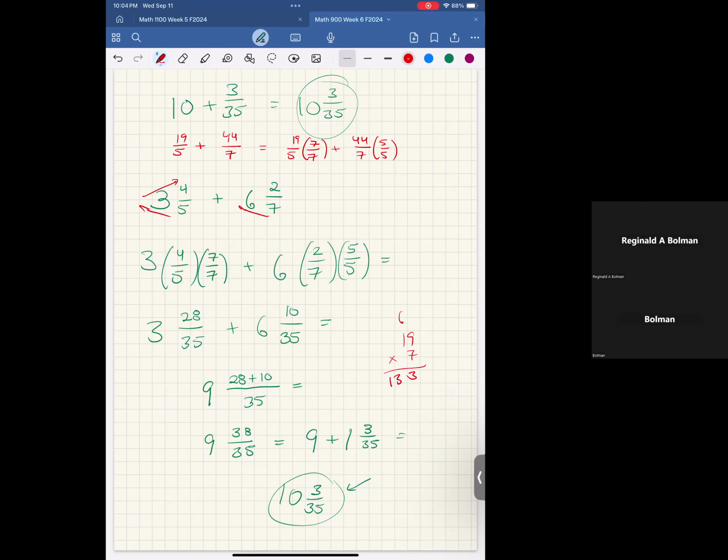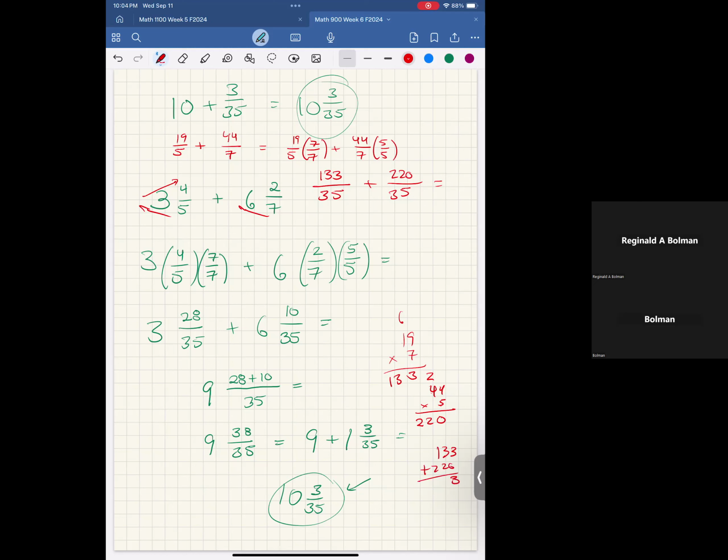You should have 133 all over 35, plus 5 times 44. 5 times 4 is 20. Carry the 2. 5 times 4 is 20, plus 2 gives you 22. So you got 220/35.